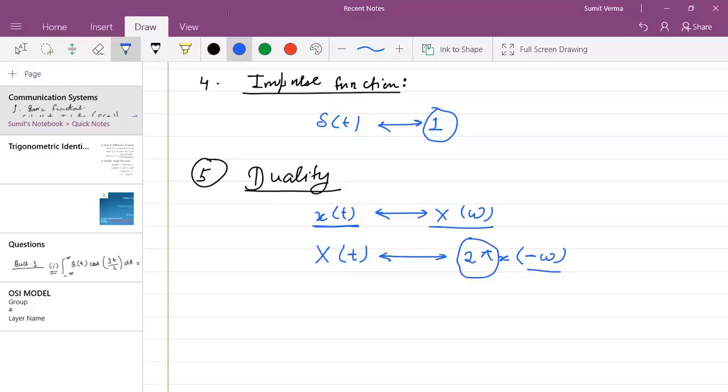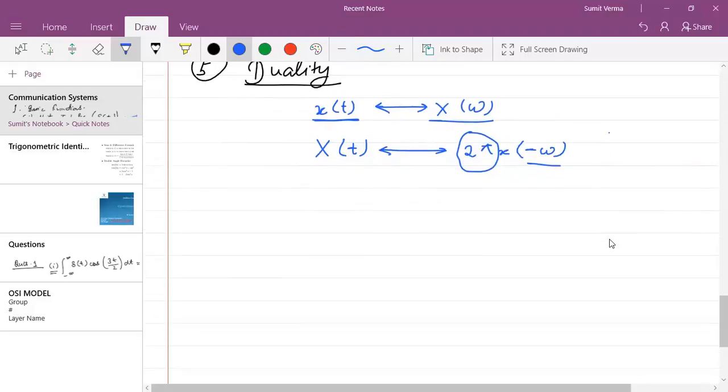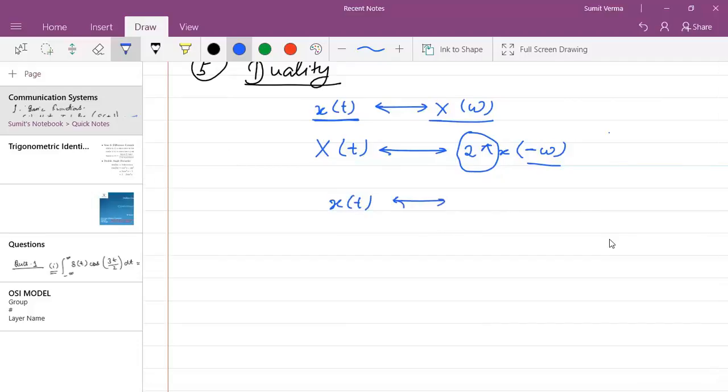So this is in the omega domain, but if you want to do this in the f domain, the property becomes slightly different. If x(t) has a Fourier transform X of f, then the function X(t) would have a Fourier transform of x of minus f.